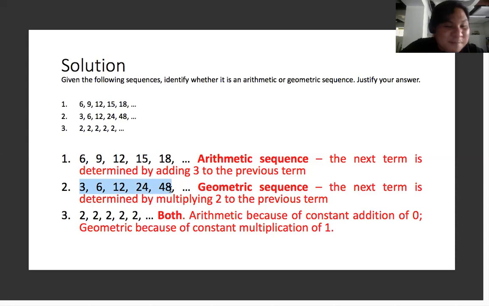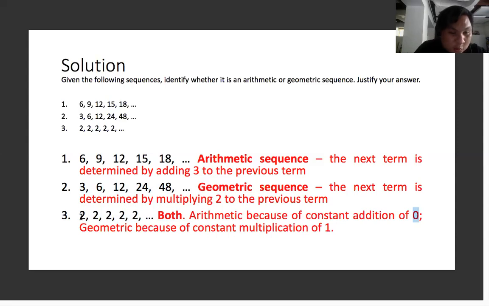All right. What about number 3? Let's look at number 3. Let's see how many of you actually got it correct when you worked on your own. So number 3 is actually both types. It's both an arithmetic sequence and a geometric sequence. It is arithmetic in nature because you keep adding 0 to the previous term, right?